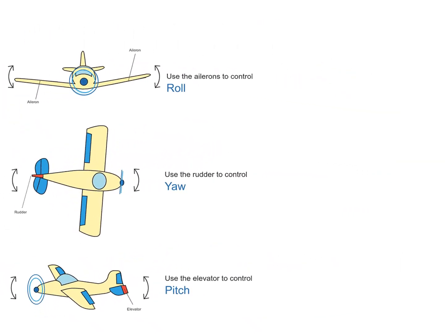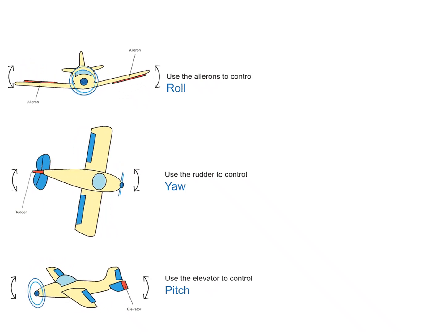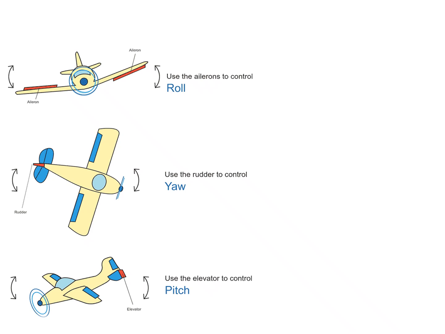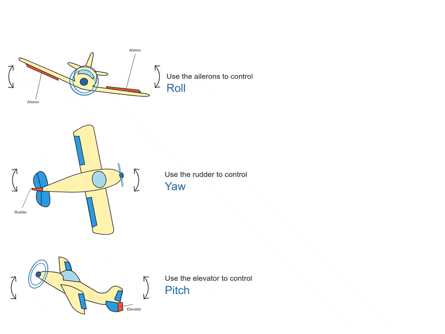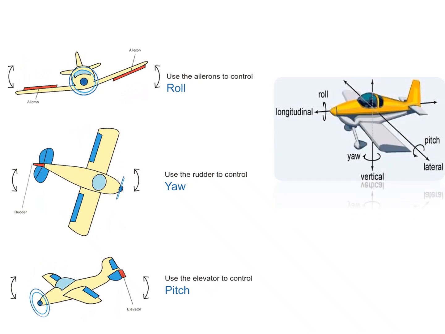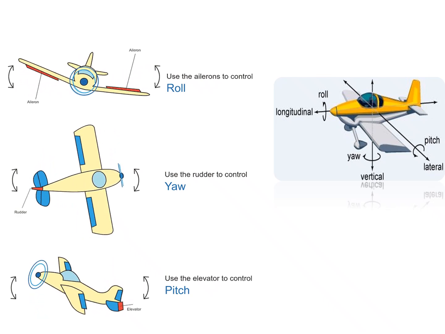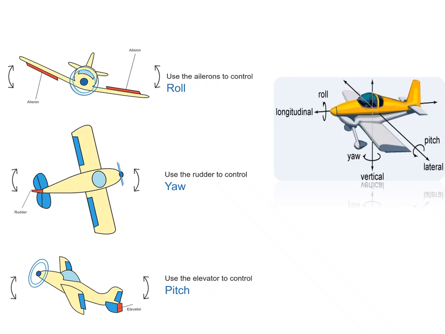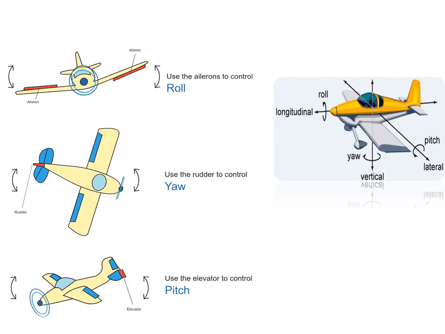From this slide, we can easily find the roll movement, yaw movement and pitch movement. Roll uses the ailerons to control, yaw uses the rudder to control, and pitch uses the elevator to control its movements. Here, based on the axis, the picture depicts the movements. In longitudinal, the roll, ailerons control.